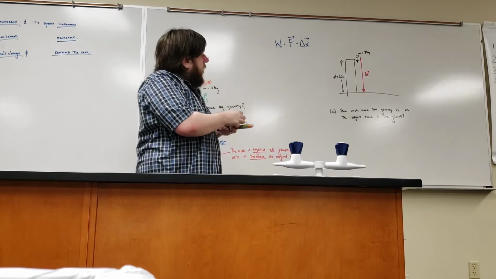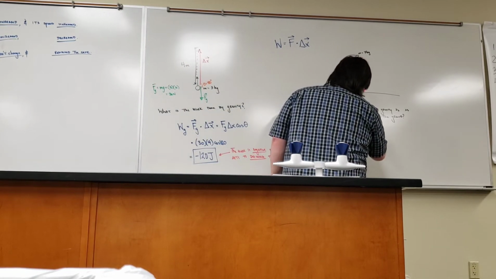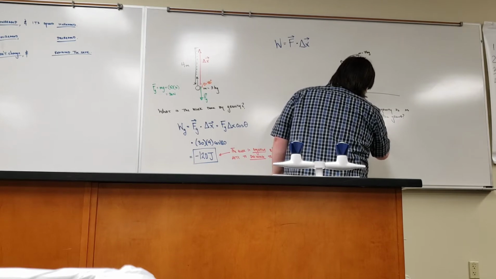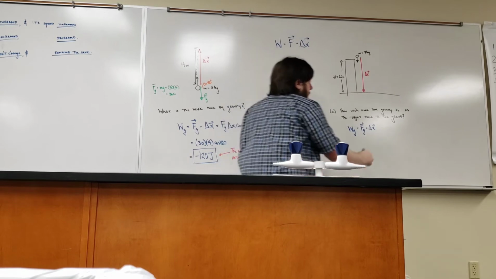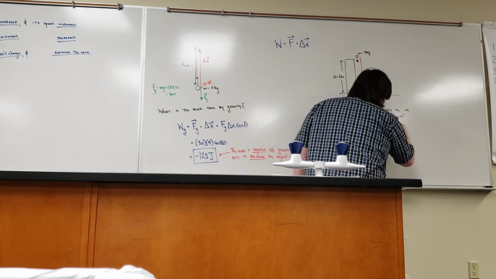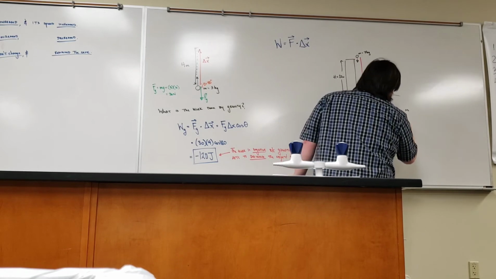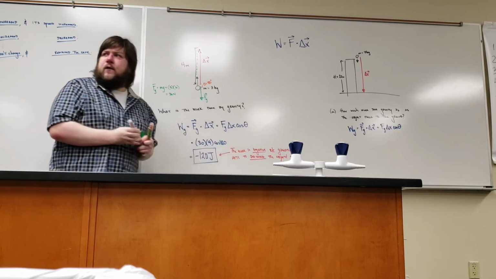The work due to gravity is going to be the force of gravity dotted with the displacement, which is going to be the magnitude of the force of gravity times the magnitude of the displacement times cosine of the angle between the two. Where does the force of gravity point?